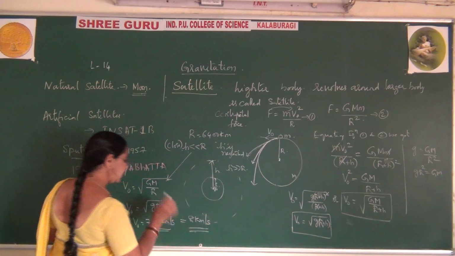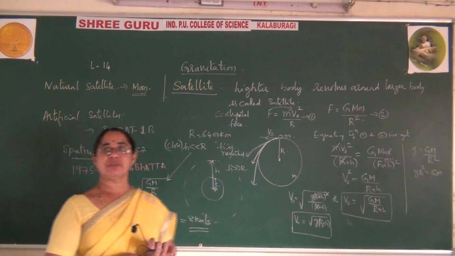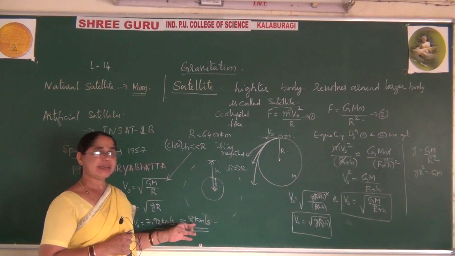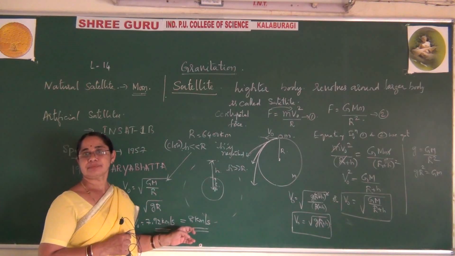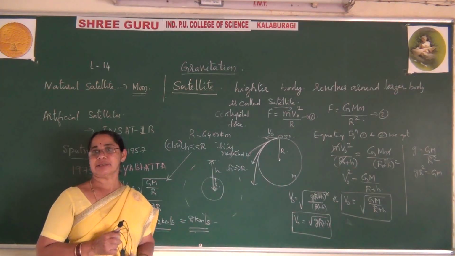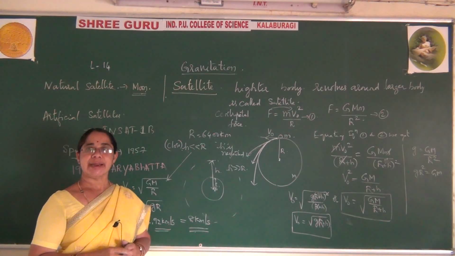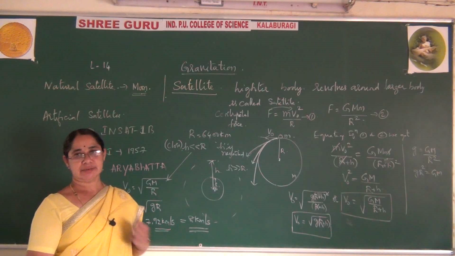We explained in terms of the orbital velocity which is close to the surface of the Earth, it is 8 kilometers per second. Okay, so the velocity will be like this. Depending on the height, we have to calculate for different heights with respect to the velocity. Right?